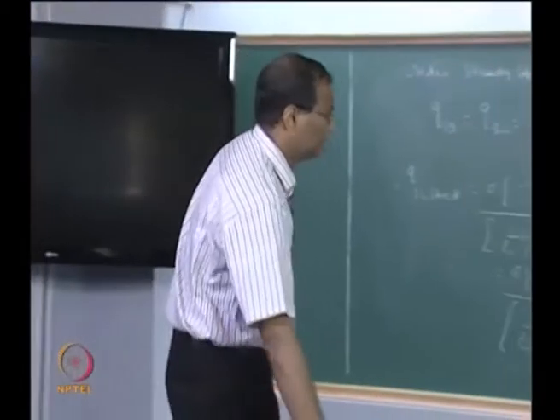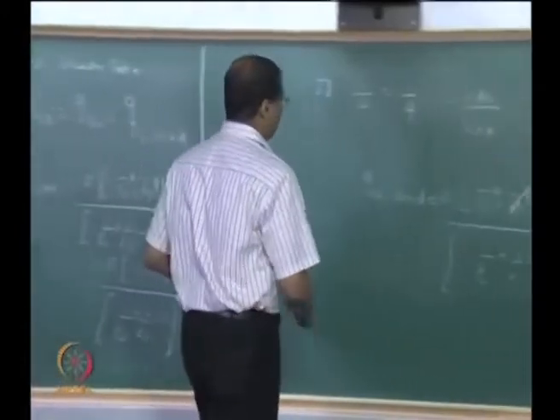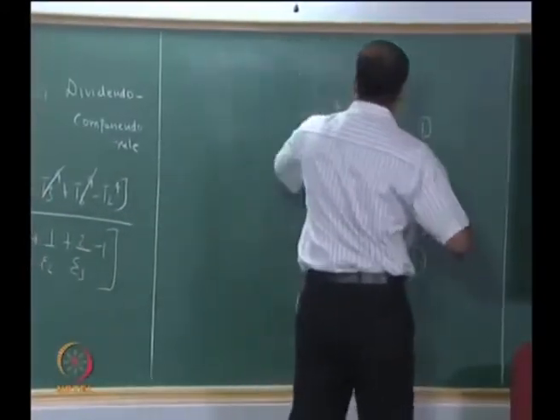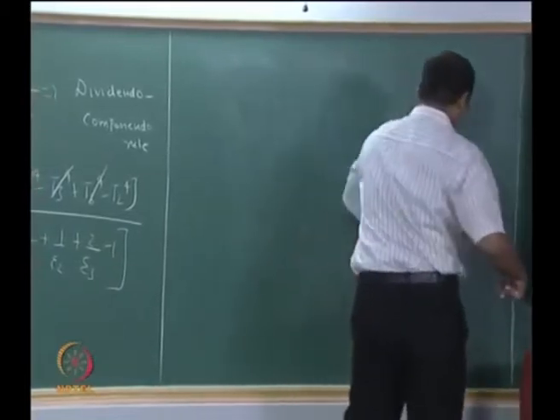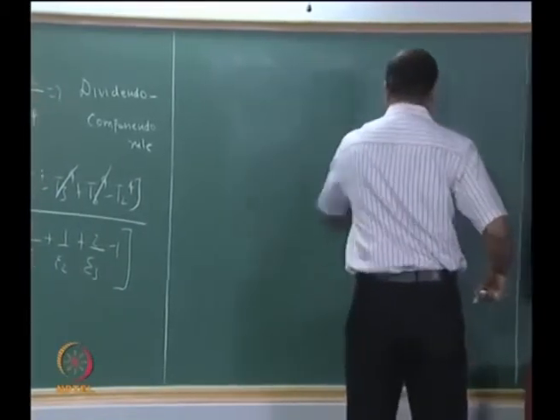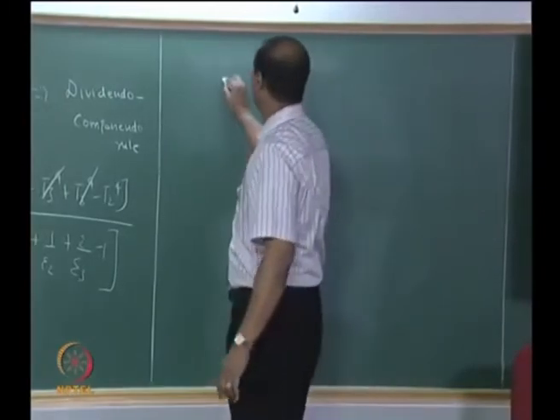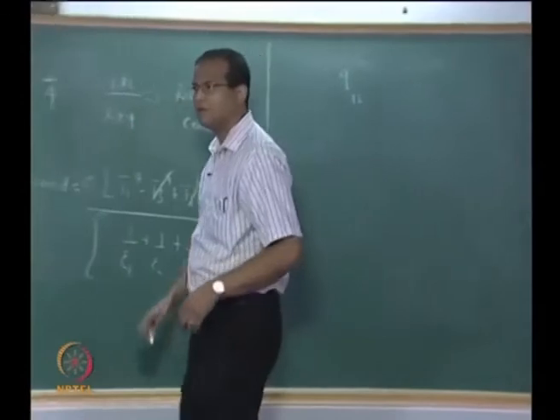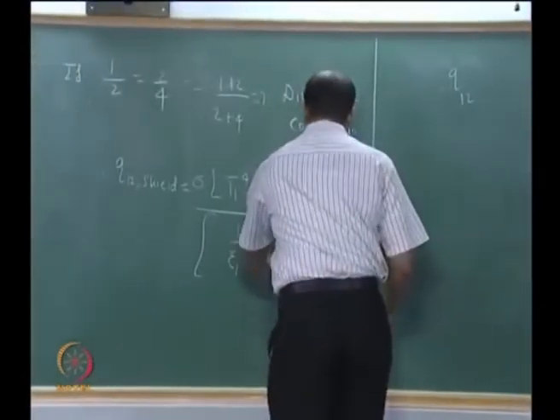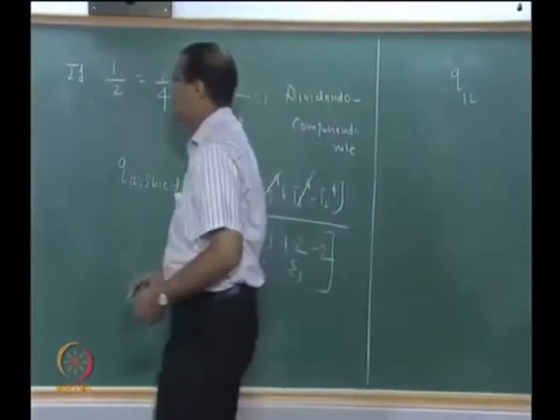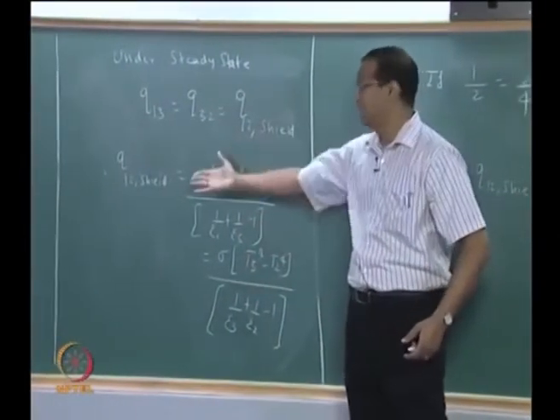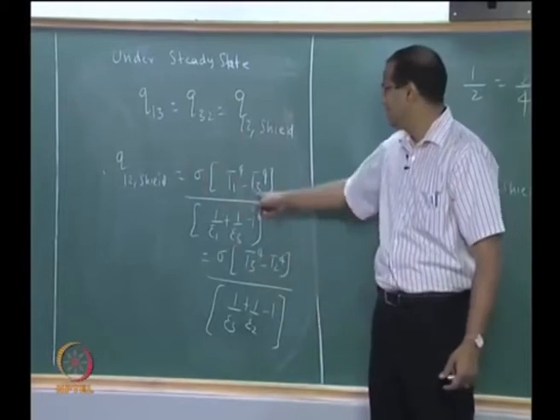Okay. Now, you can assign numbers to this if you want. Therefore, is this clear? Yes. So what I did was I added the numerator and denominator separately, and then I am declaring that it is the same Q12 shield.